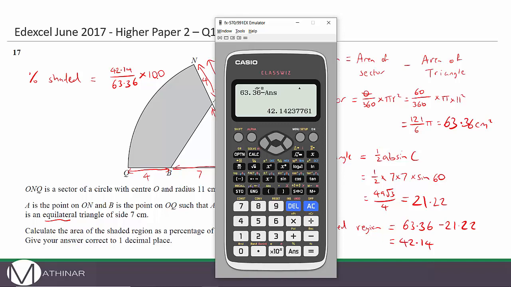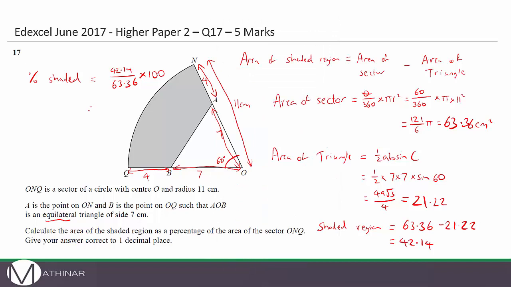So 42.14 we already have there. We use answer over 63.36 times 100. And this gives us 66.5% to one decimal place.